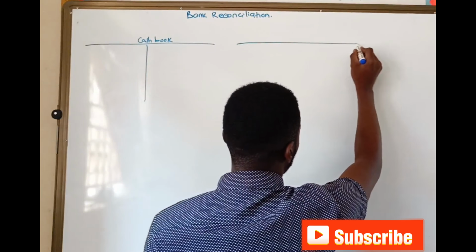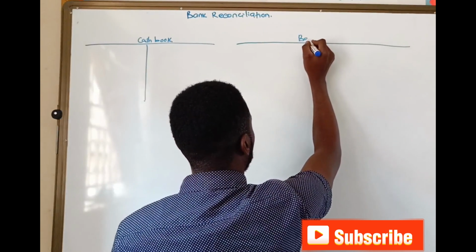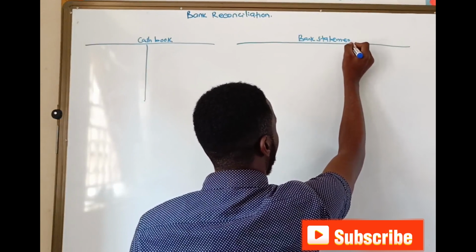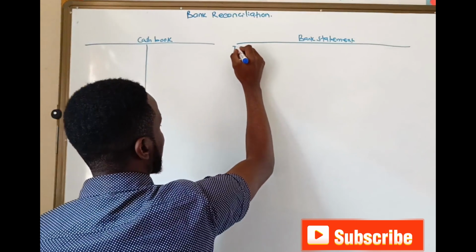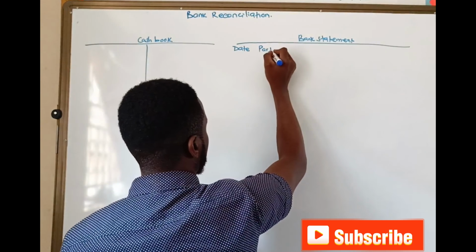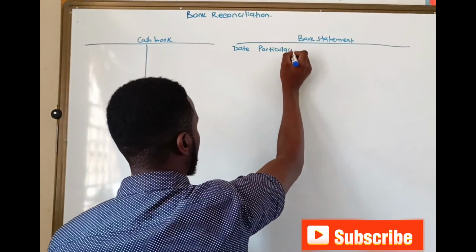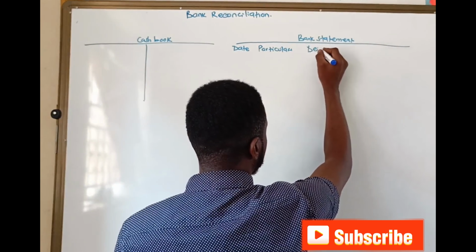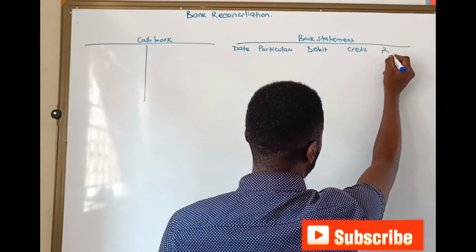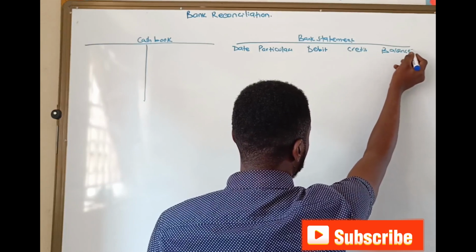So we have a bank statement. So in the bank statement, we shall have the date, we shall have the particulars, we shall have the debit, and we shall have the credit and the balances.